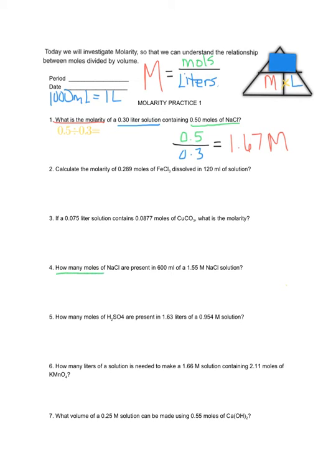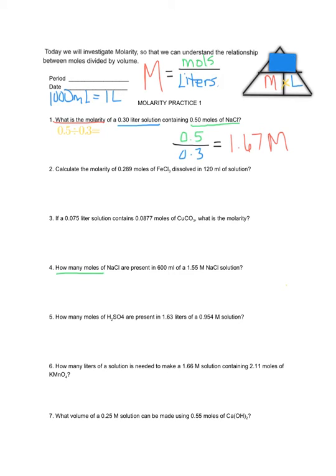Doing this first at the beginning, before you even set it up, helps you anticipate what's going to happen next. In order to solve for moles, we need to know what our concentration is. We need to know the molarity, and we also need to find a volume. And when we do that, we're going to multiply those two numbers together. Remember, when numbers are side by side, you multiply them.